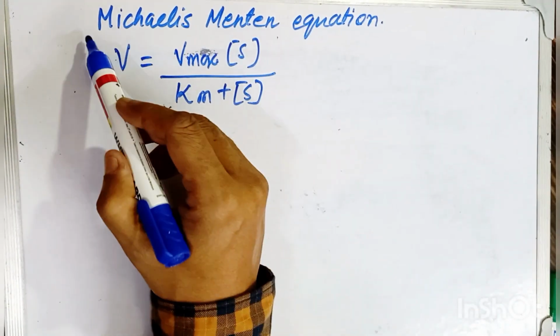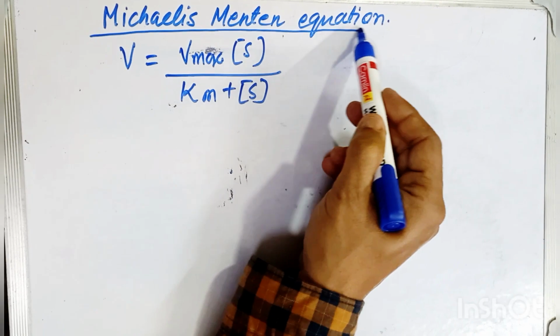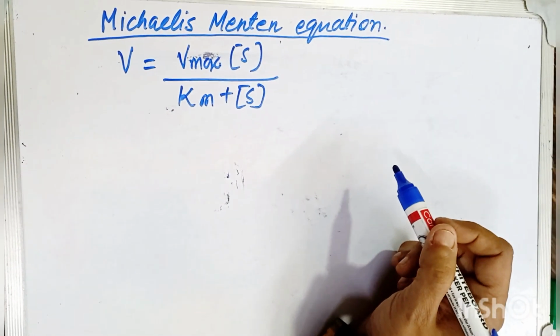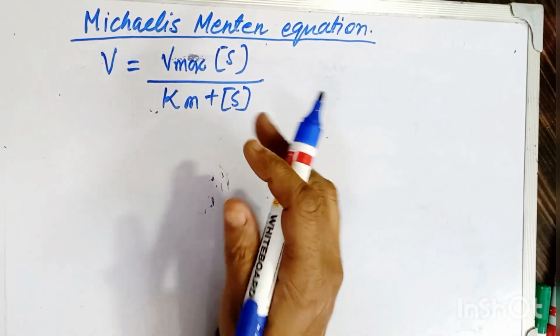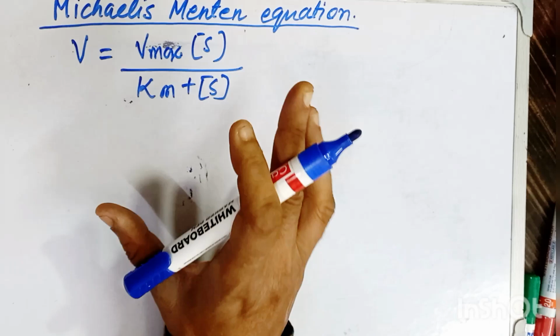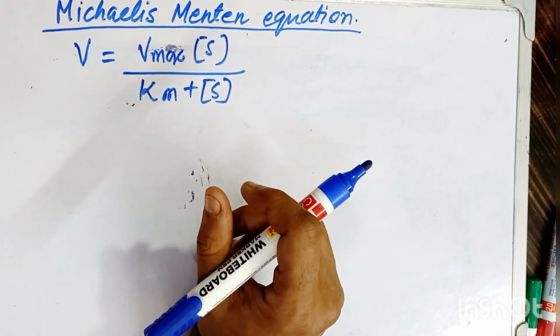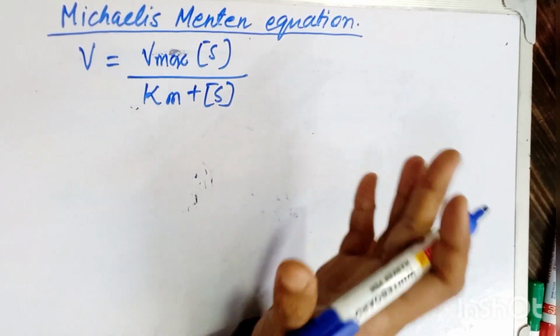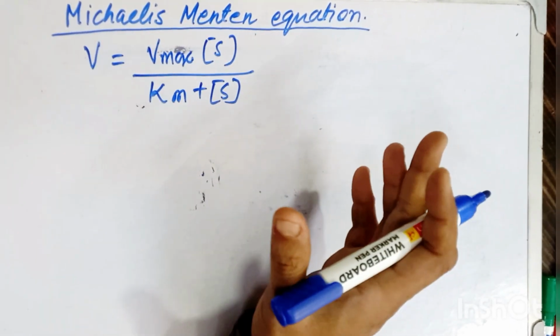Now I have written the Michaelis Menten equation, and I need to tell you a few more details about the importance of this Michaelis Menten equation. The importance of Michaelis Menten equation is that it gives us much more valuable information about the enzyme kinetics.